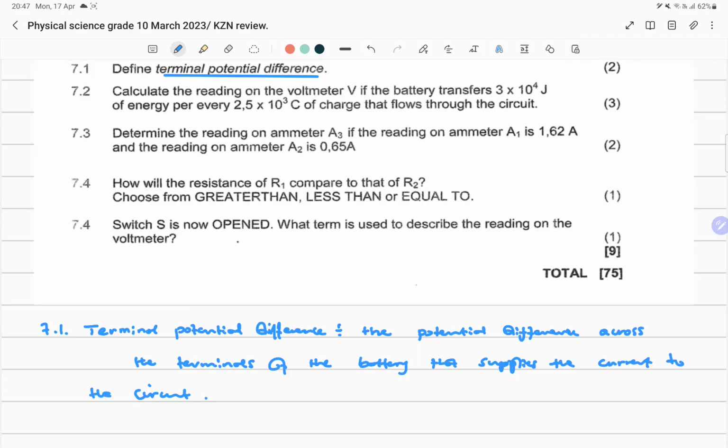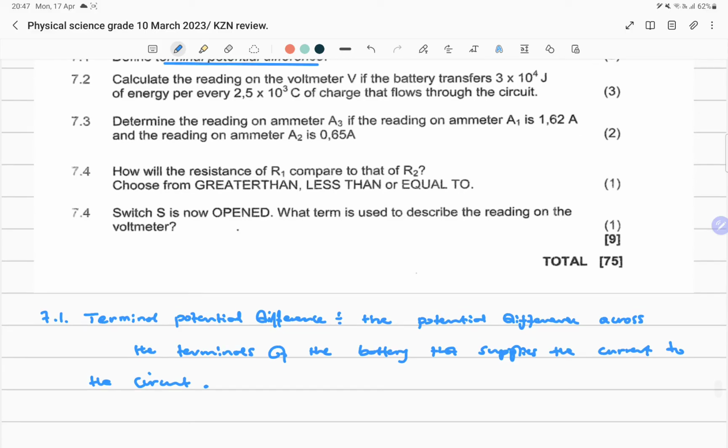Okay, basically it means this is the potential difference across the terminals of the battery that supplies the current to the circuit, meaning the current should be flowing through the circuit for one to talk of a terminal potential difference. When there is no current passing through the circuit, we're talking of the EMF. Okay, great.